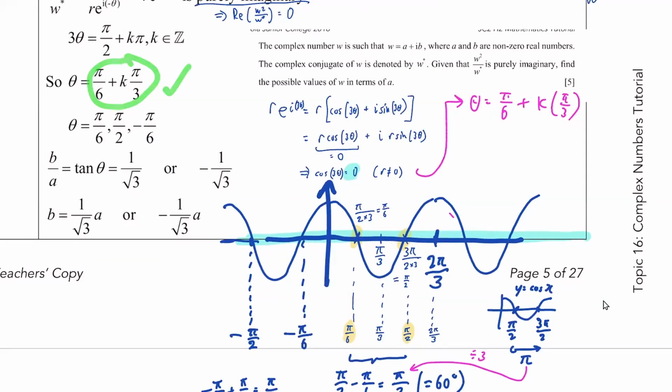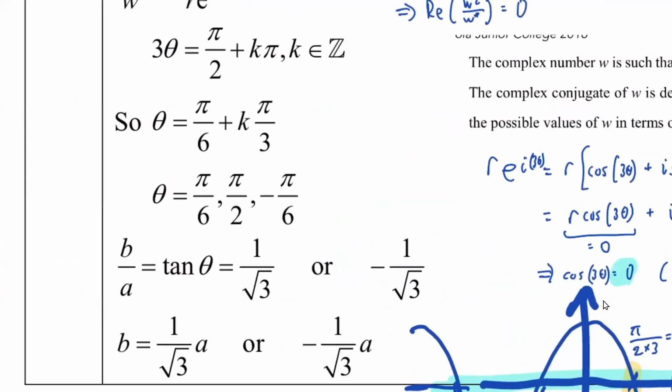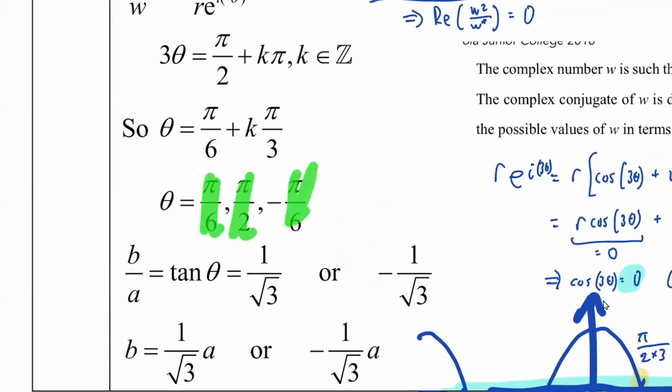Now how do you get these three answers? You just substitute with different values of K. This one is K equals 0. This one is K equals 1. This one is K equals -1. You usually pick values in this format. You start with K equal to 0. Then after that, you put +1. Then you choose -1.